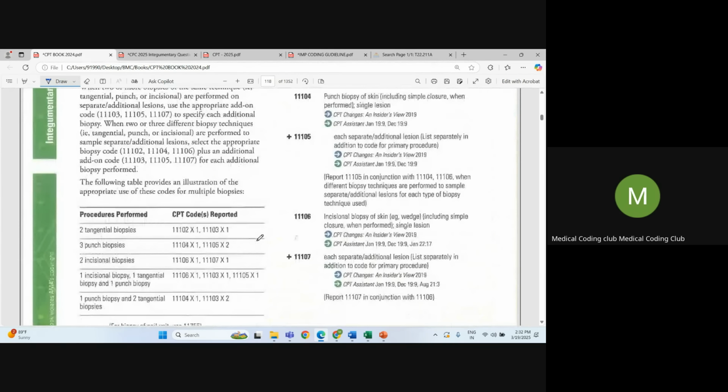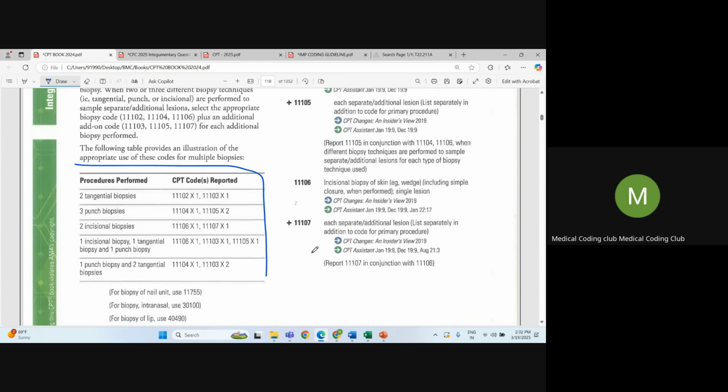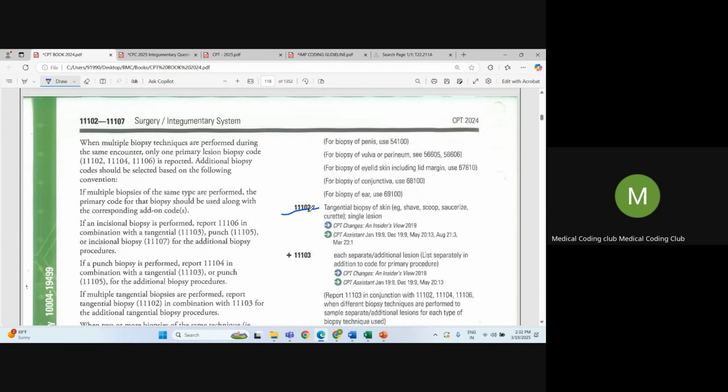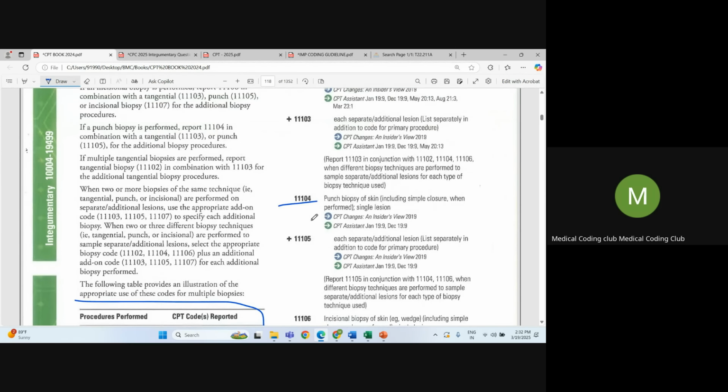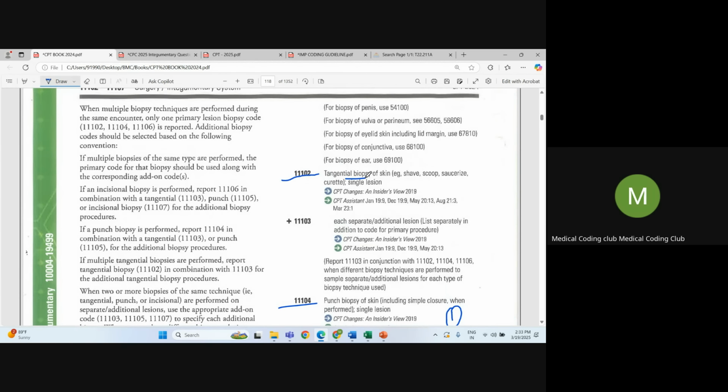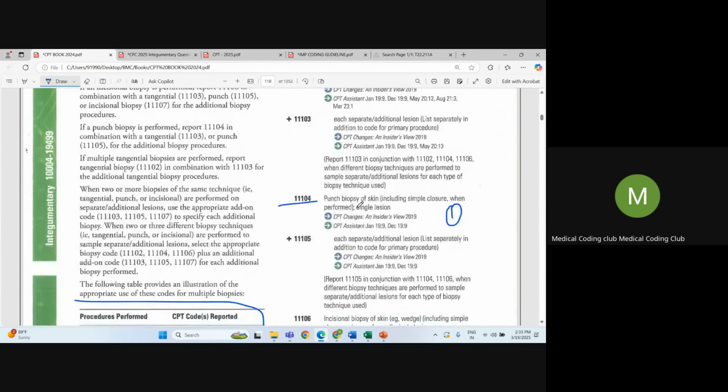So just come to this table, easy. We have tangential biopsy and punch biopsy. One lesion utilizing punch biopsy and 2 more lesions utilizing tangential biopsy technique. When we are coding multiple techniques in a single operating session, you need to go with the severity.